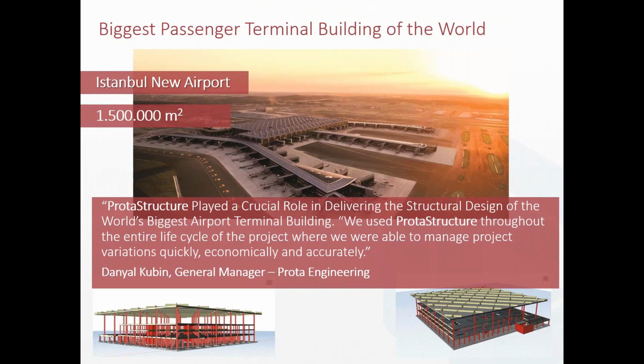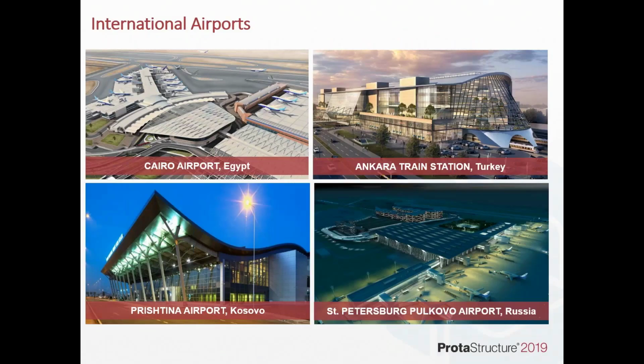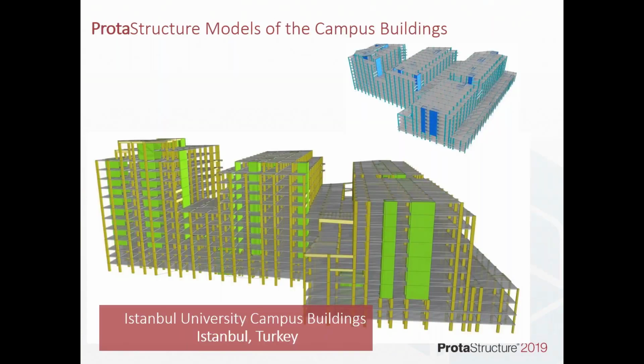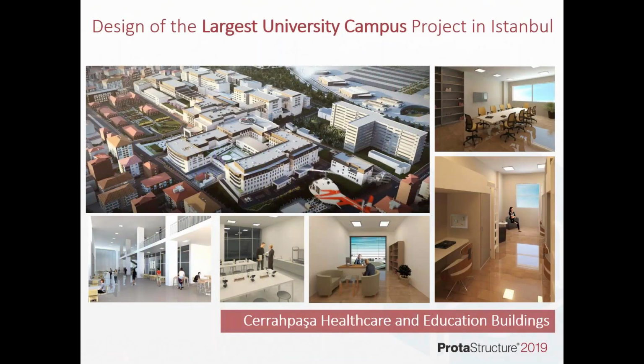And the software allowed this to be actually delivered ahead of time in what was a very demanding project. We've designed other interesting buildings around the world, numerous airports, high-speed rail facilities, industrial and civil structures we've been involved with. A really interesting mix of projects that have been used within our practice.